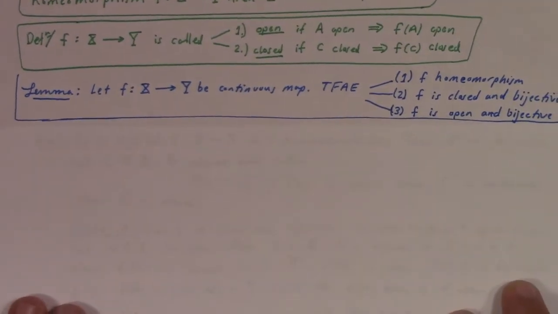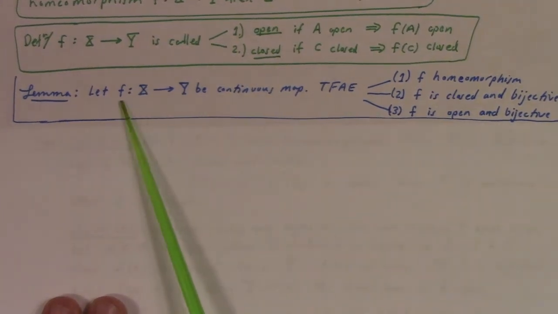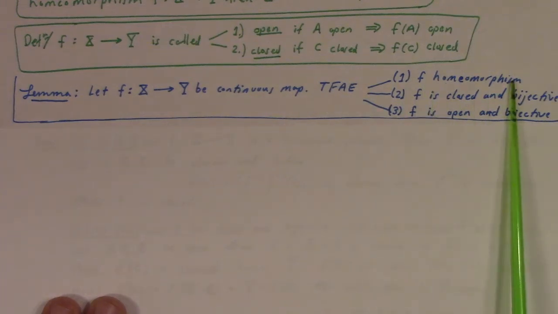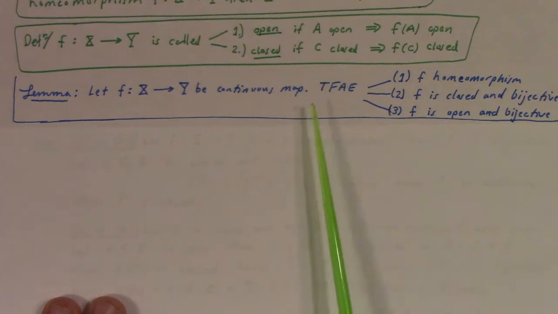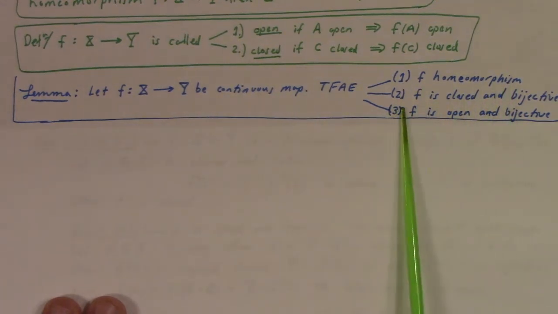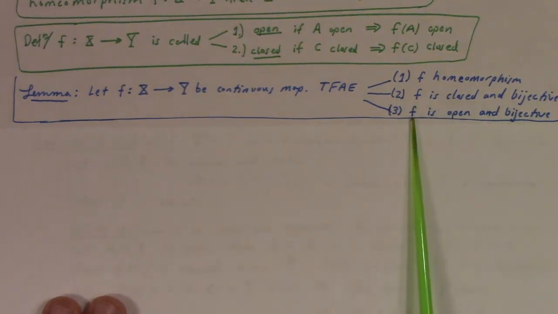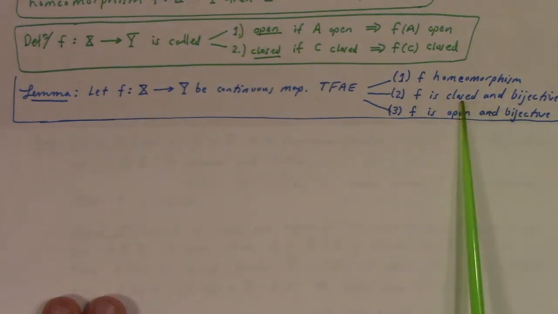That is because we have this equivalence right here. For F from X to Y a continuous map, the following are equivalent. 1: F is a homeomorphism. The precondition here is that F is continuous, okay? But given that backdrop, F is a homeomorphism is equivalent to 2: F is closed and bijective, or 3: F is open and bijective.